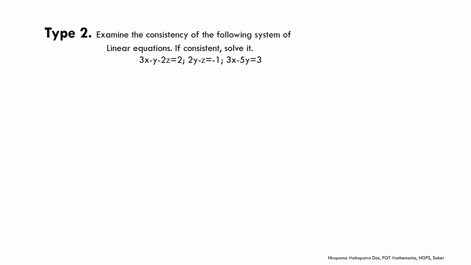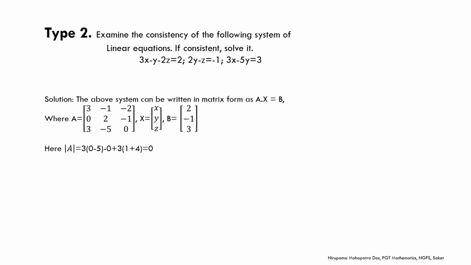As usual, we have to write the system in the form of AX equal to B, that is, matrix form. A is the matrix containing all the coefficients of the variables. Here you see 3, minus 1, minus 2 in the first row, and in the second equation you have 2y minus z, so the x term is absent.